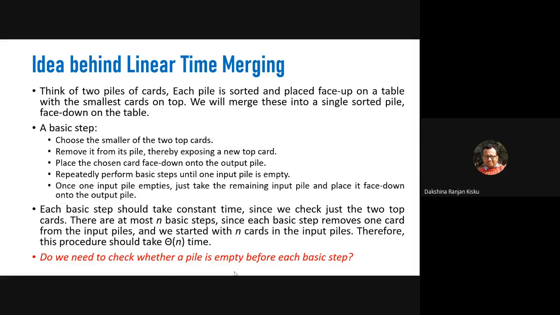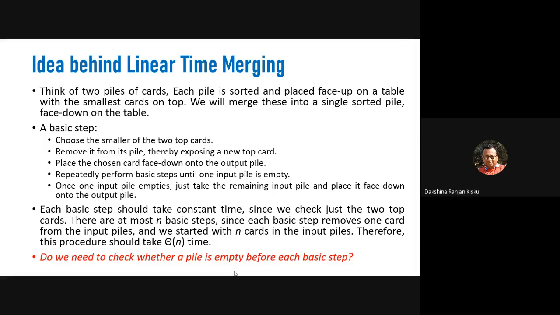Now we repeatedly perform these basic steps until one input file is found to be empty. Once one input file is empty, we just take the remaining input file and place it face down onto the output file. Each basic step should take constant time, and since we check just the two top cards, there are at most n basic steps.